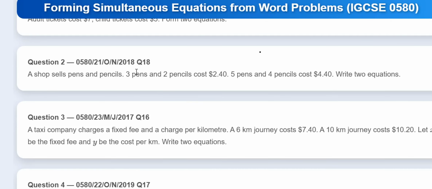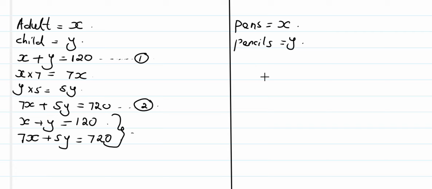You're told 3 pens and 2 pencils cost $2.40. So if it is 3 pens, and we know pens are represented by X, then it means 3 by X, which is 3X.